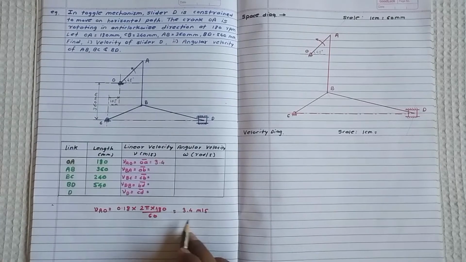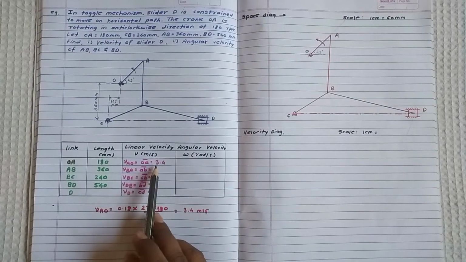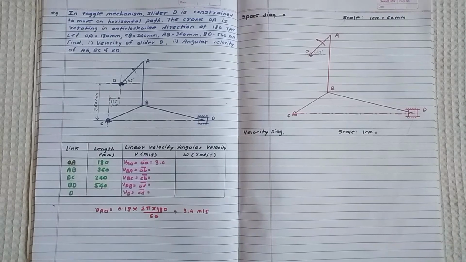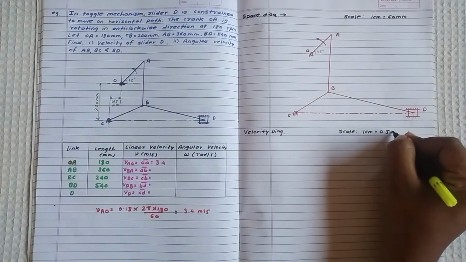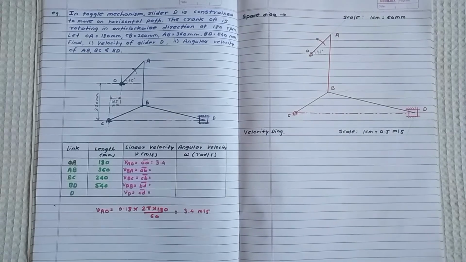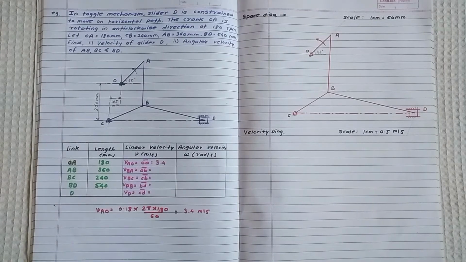So it comes to 3.4 meter per second. Based on that, we can select the scale of the velocity diagram as 1 centimeter equal to 0.5 meter per second. According to the scale, AO in the velocity diagram will be 6.8 centimeter.